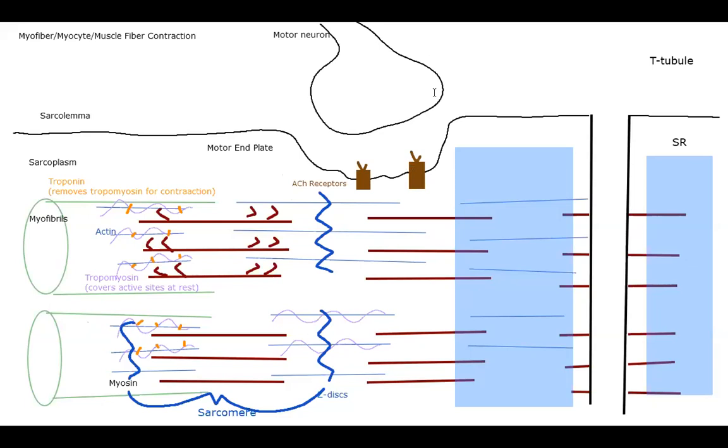Okay. We also have the same things that we've seen before on neurons, voltage-gated sodium channels. Although this time the voltage-gated sodium channels are not only along the surface of the sarcolemma, they also are down the T-tubules.